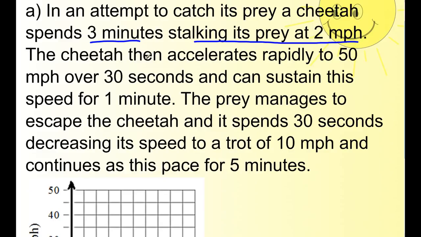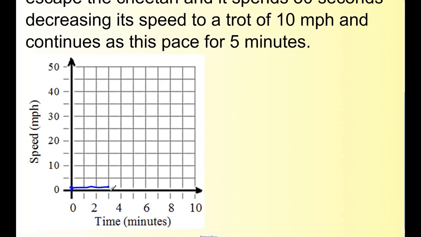Then the cheetah accelerates rapidly to 50 miles per hour over 30 seconds. So over the next 30 seconds, think, this is 3 minutes and that's 4 minutes. 30 seconds would be halfway. Over the next 30 seconds, it gets up to 50 miles per hour. So I don't know if I could do this on this tablet. It goes up, up, up.